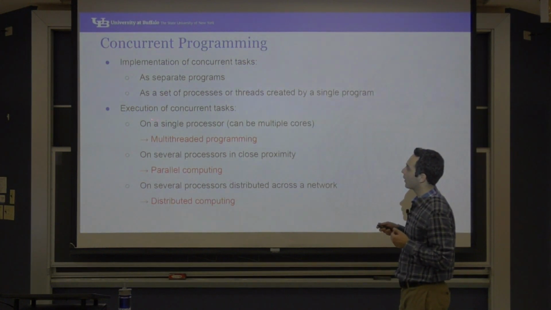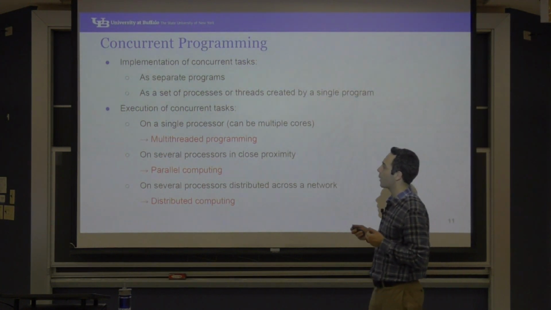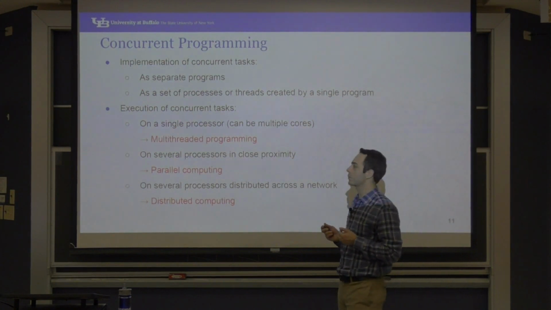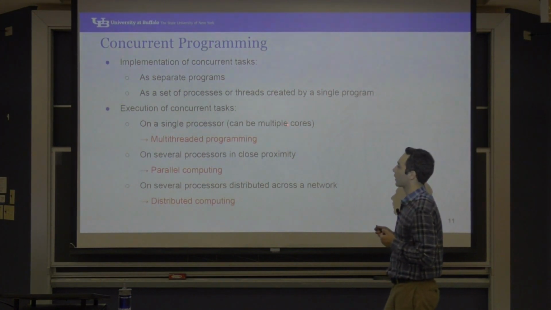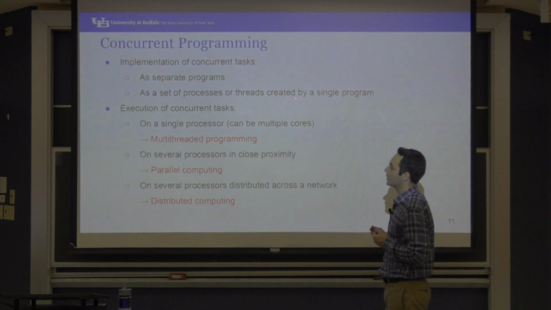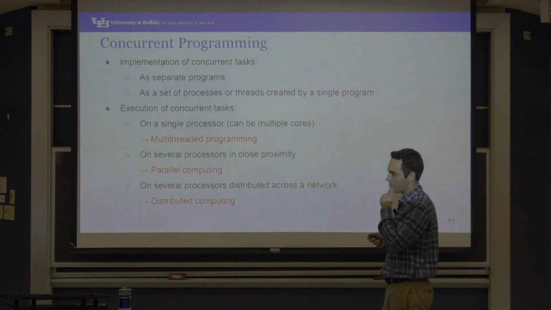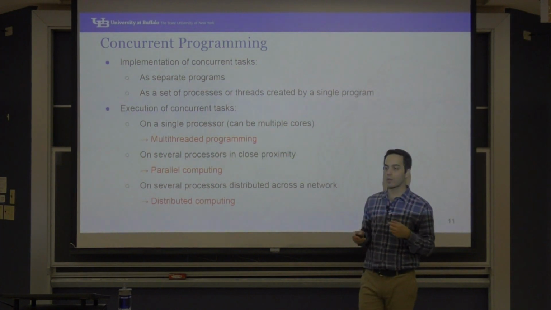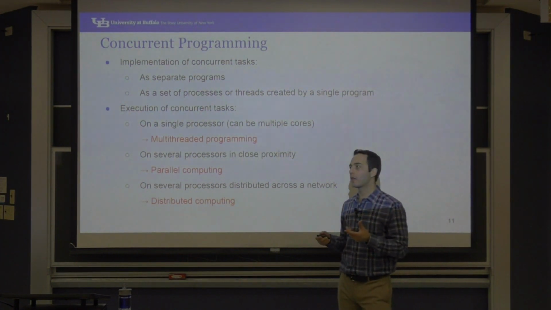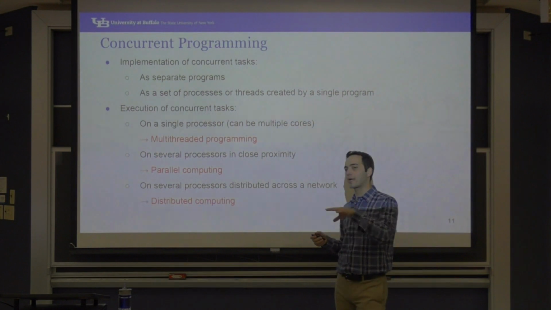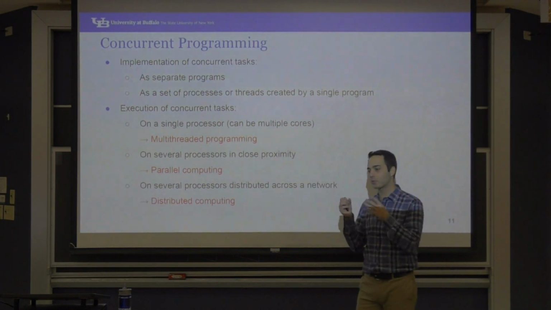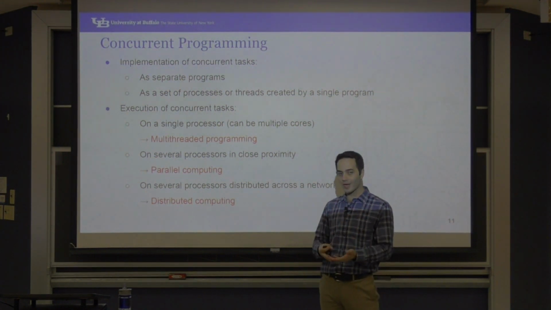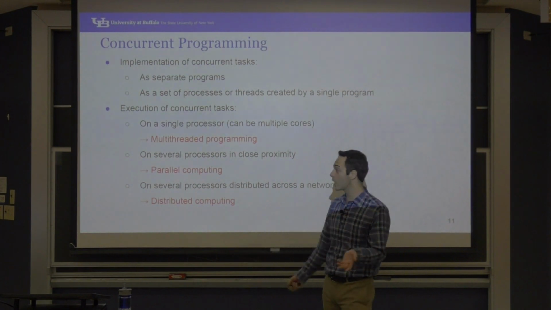So execution of concurrent tasks can happen either on a single processor, which then can have multiple cores. In this case, we call it multi-threaded programming, because each process will be assigned to a processor, and if that processor has multiple cores, that single process can have multiple threads running at the same time on those cores.